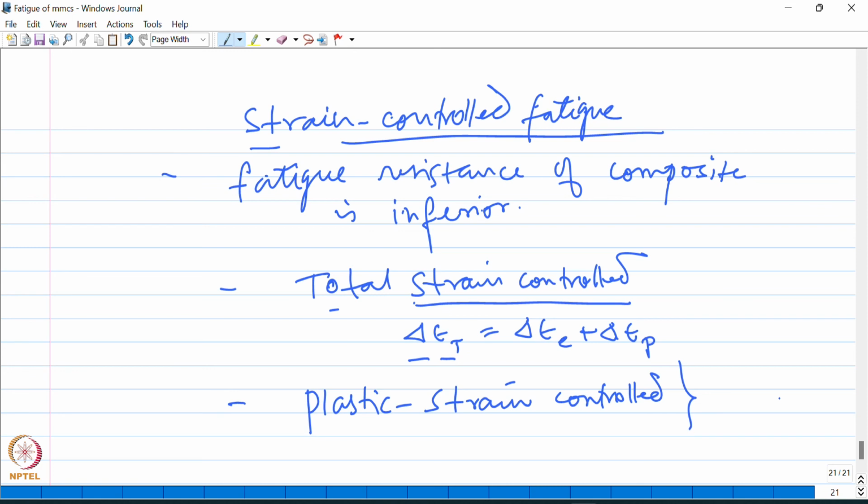As we have seen before, the strains near the poles or ends or corners of the particles will be higher, and as a result the deformation and fatigue damage in these locations will be higher, and the fatigue resistance of the composite will come down compared to the unreinforced matrix material.